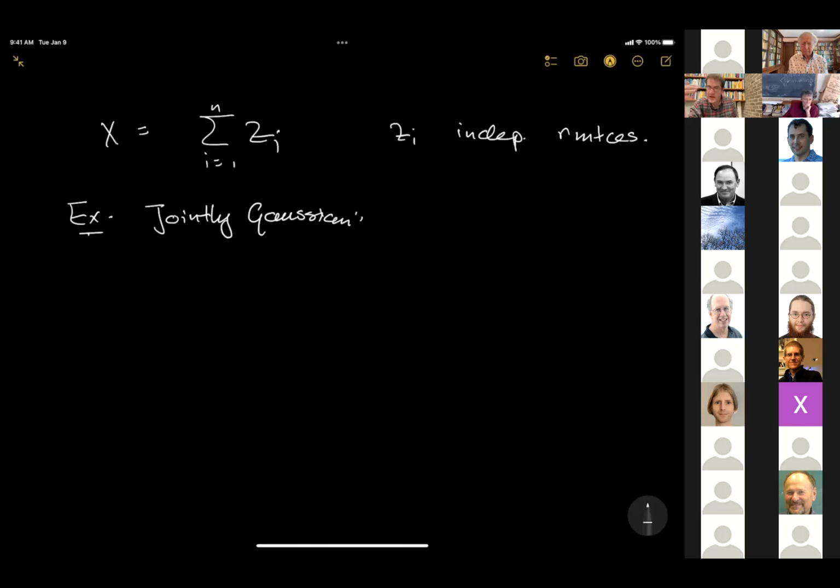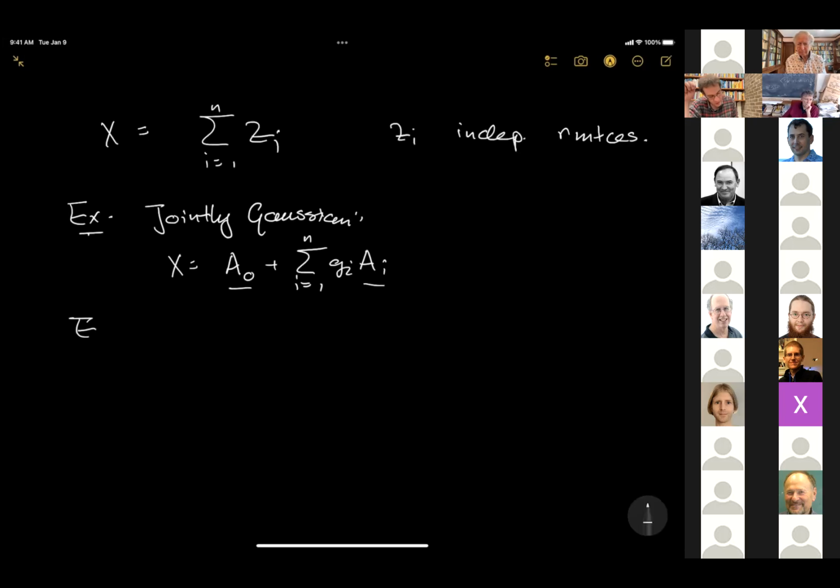because I can always write a jointly Gaussian vector as a linear combination of independent Gaussians, I can always express such a matrix as a linear combination of deterministic matrices with scalar Gaussian coefficients. So I can always think about a jointly Gaussian matrix as being a sum of independent Gaussian matrices where the randomness is just scalar.